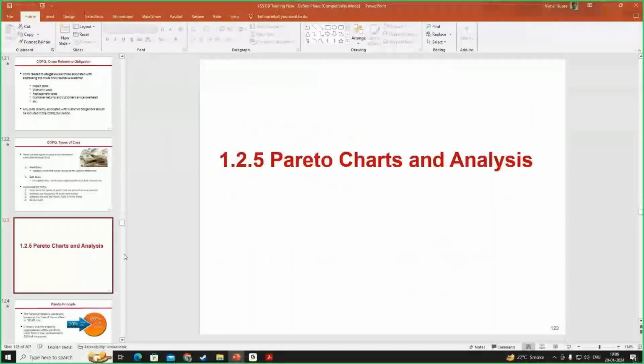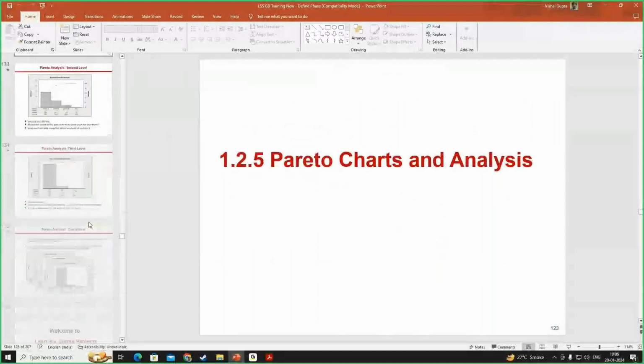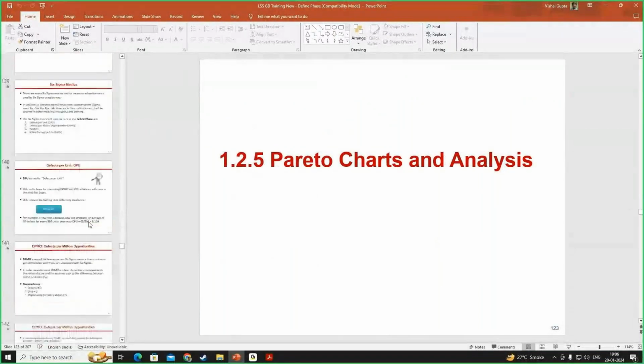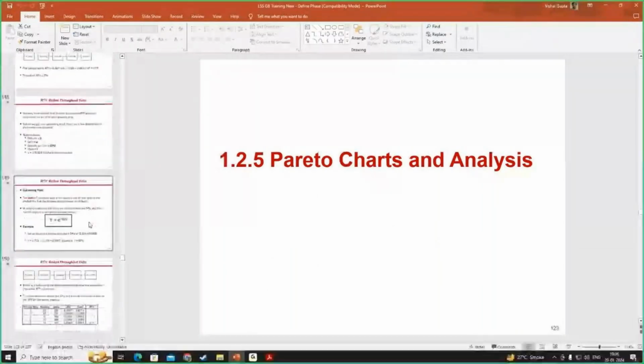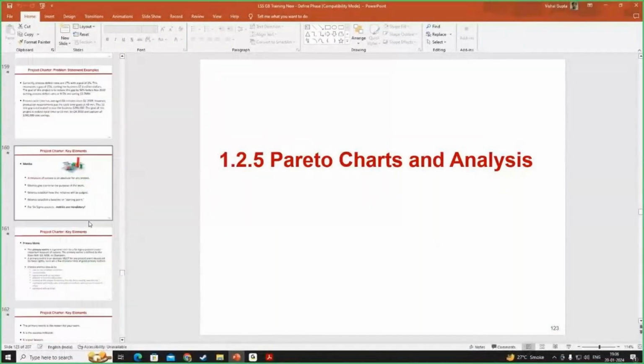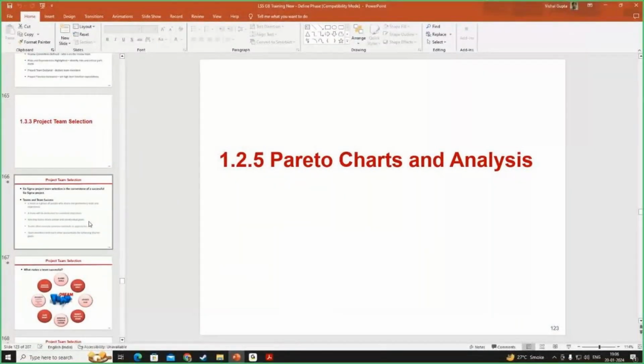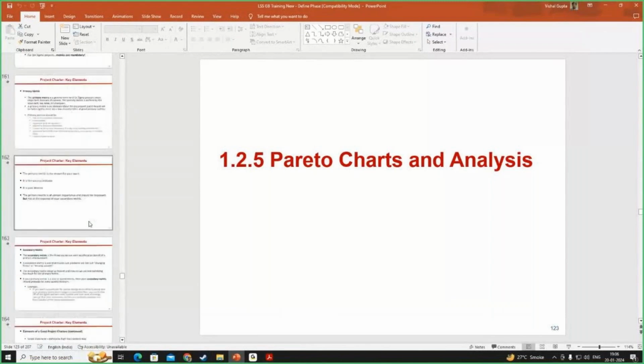Pareto chart and analysis. Okay, so time. All right, guys, let's do one thing. We'll take another 10-15 minutes quick break. We'll start with Pareto chart and analysis. I'll tell you where we will stop today. We'll try and see if we can complete Six Sigma matrix today.